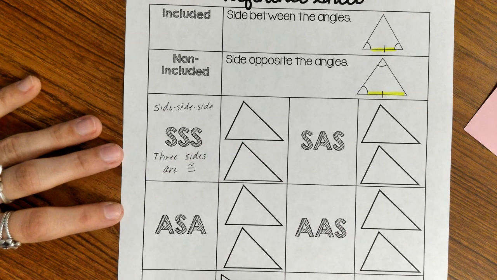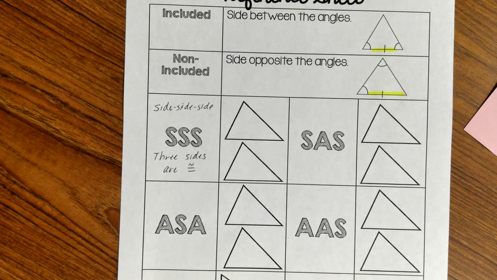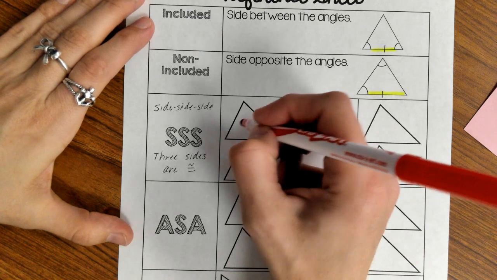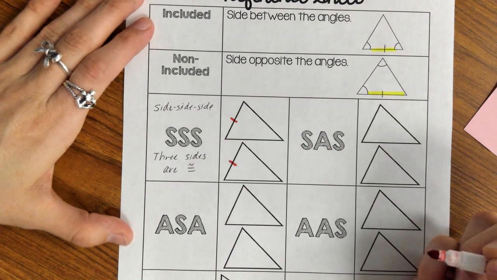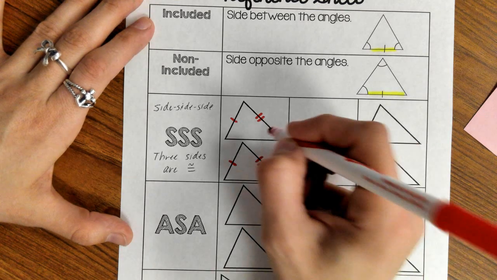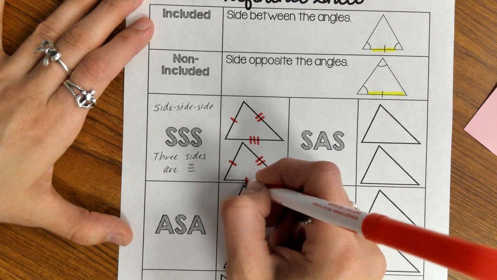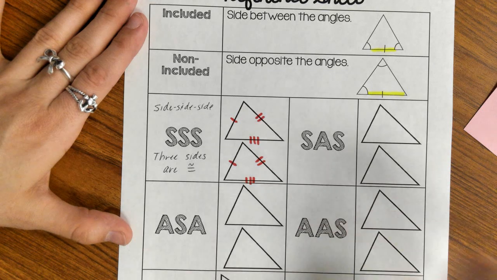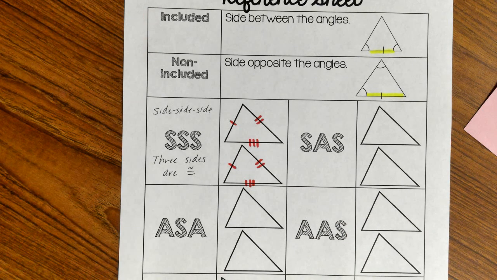What this looks like when you are doing your two-column proofs, we will see in a moment: one side is congruent on each triangle, the second side is going to have 2 tick marks, and then your third side will have 3 tick marks, and you can say that these two are congruent by the side, side, side theorem.